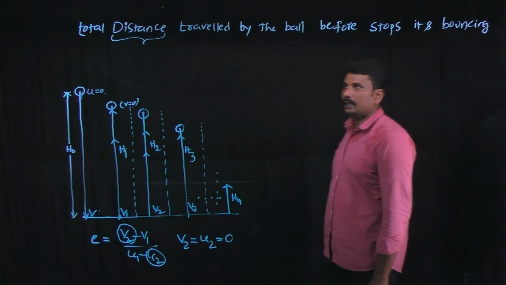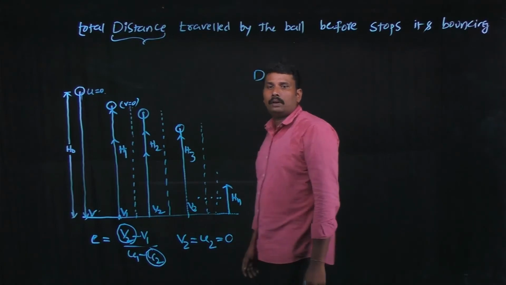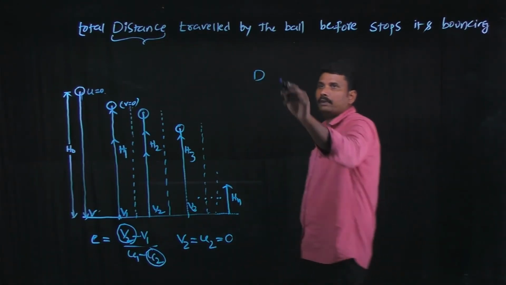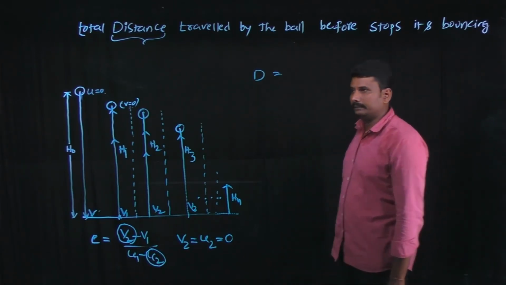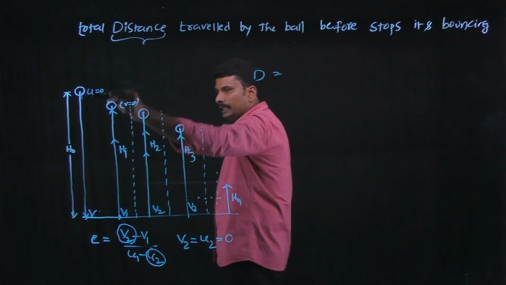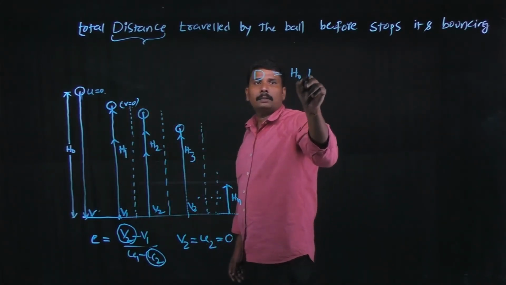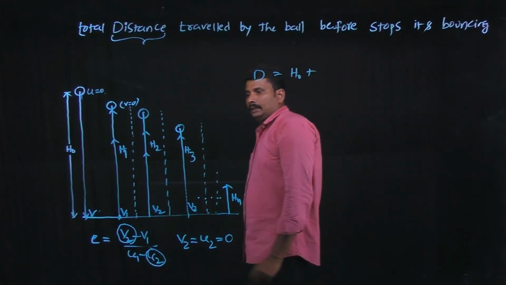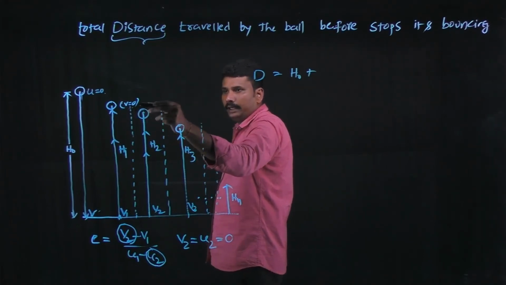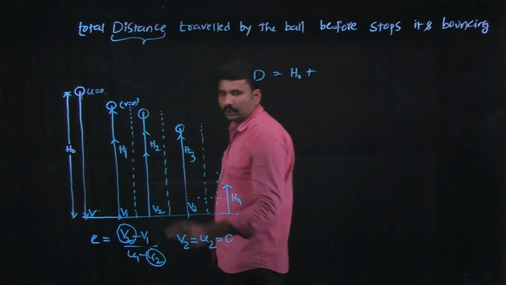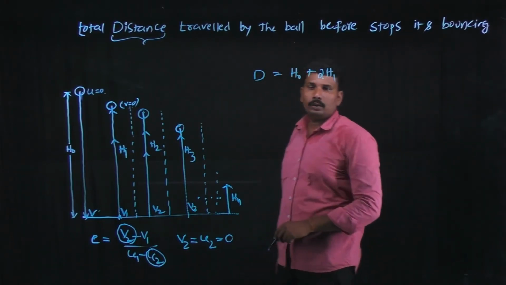Okay, here the total distance travelled by the ball before it stops the bouncing is d equals to, distance is nothing but actual path travelled by the object. Initially it covers the distance h naught plus, on hitting the ground it rises to a height h1 and again falls from the height h1. Here the height h1 is covered by the ball 2 times.